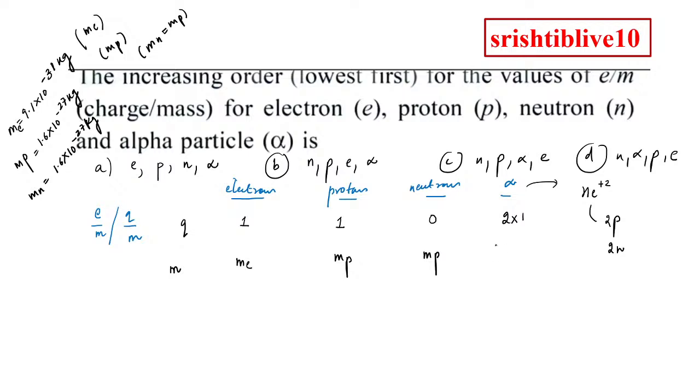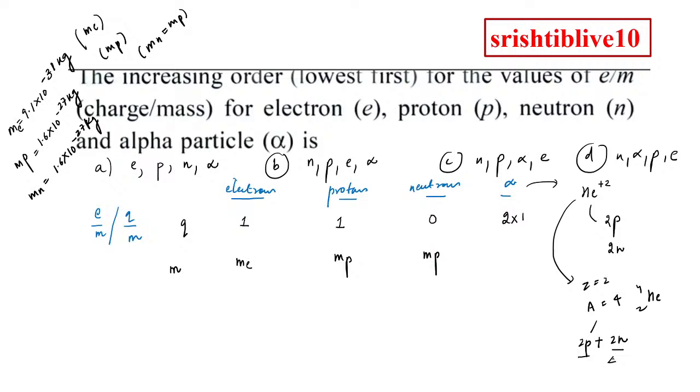Now what about alpha particles? The atomic number Z of an alpha particle is 2, and the atomic mass is 4. An alpha particle is helium-4. If the atomic mass is 4, we have 2 protons plus 2 neutrons in an alpha particle, and the mass of a proton and the mass of a neutron are the same.